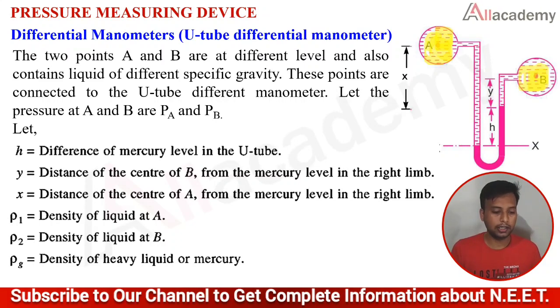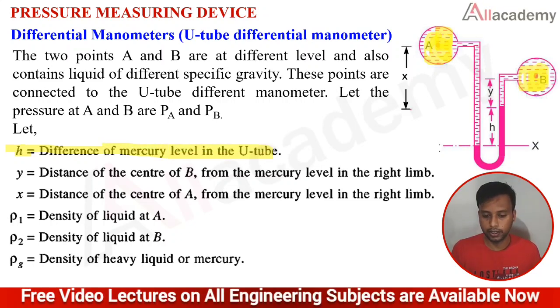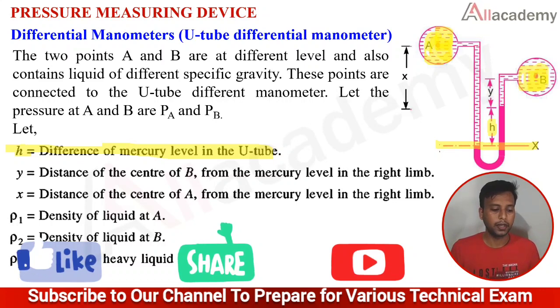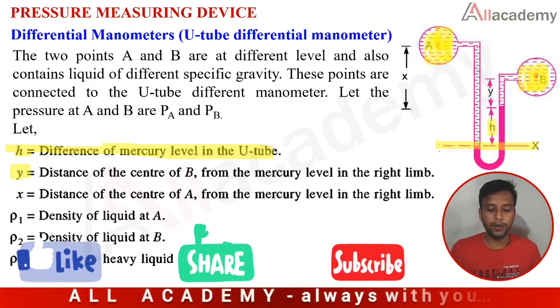Now let us see what these terms are. Let h be the difference in the mercury level in the U-tube. This h is the difference with respect to the datum line. y is the distance from the center of B to the mercury level.